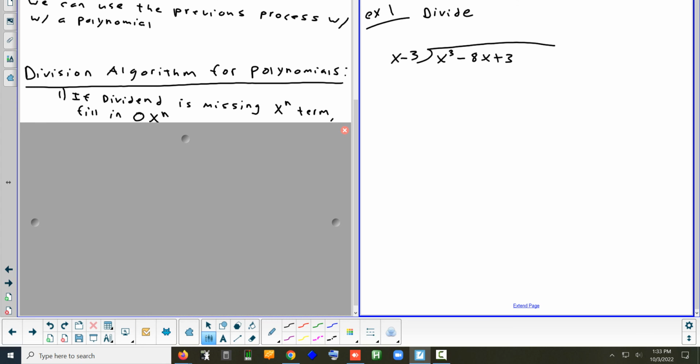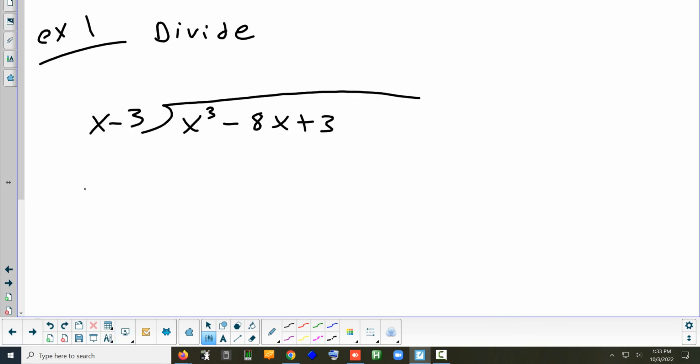So, when we want to divide something into something else, first thing we have to make sure of is whatever we're dividing into has every term represented from the highest to the lowest exponent. What's our highest exponent in this problem for my dividend? 3.